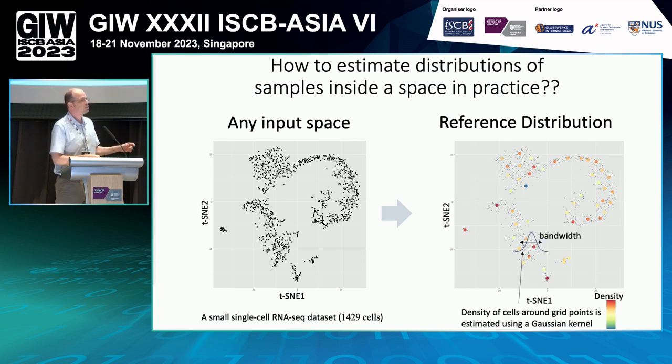Then we scan or calculate the distances between those grid points and the cells using some kernel function and try to estimate the local density of cells around each grid point. For example, here there are very few cells, so this grid point would get a very low density. And here maybe there are many cells, so this grid point would get a very high density. That's my reference distribution in this case.